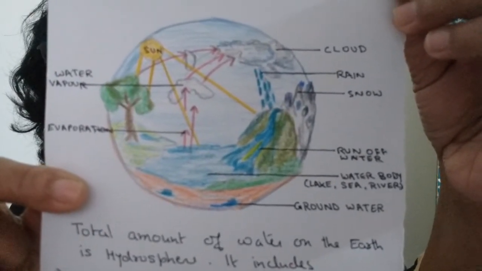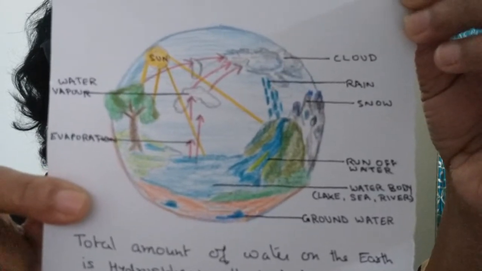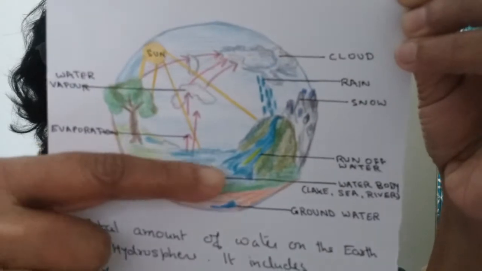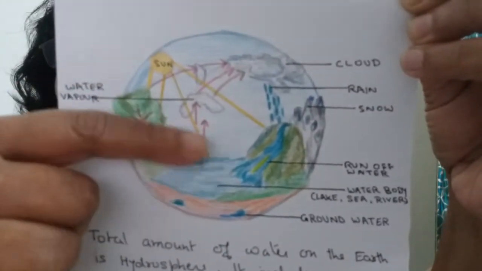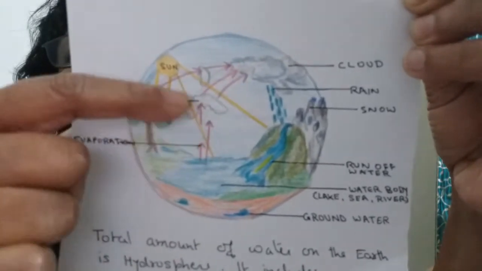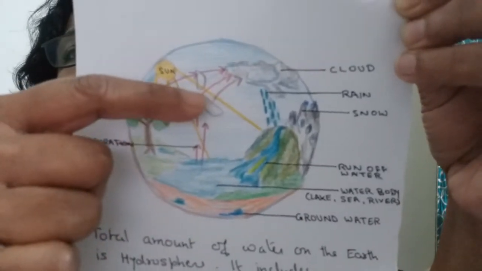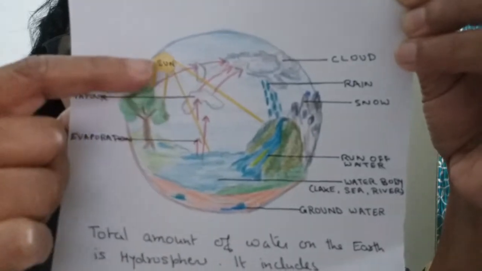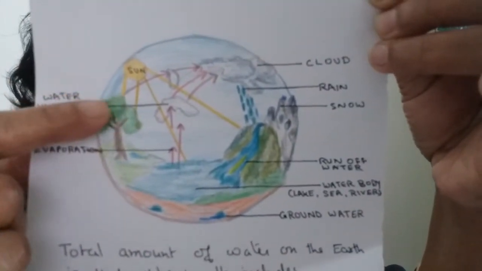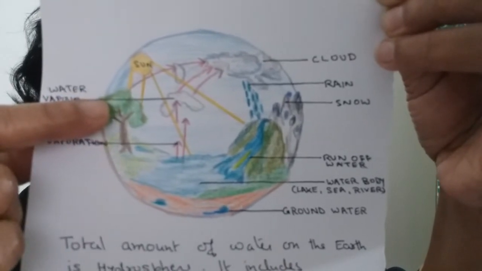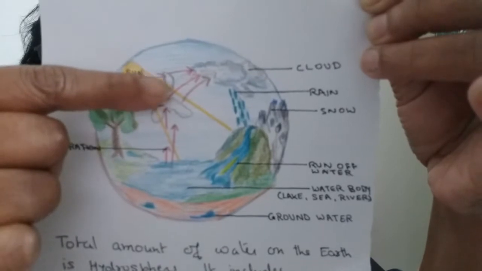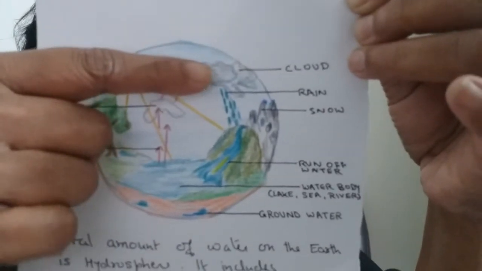Now, when the sun is high in the sky and it's a warm day, what happens? The water in the water bodies evaporates and it rises up as water vapor and it gets condensed. So condensation takes place when it rises up and it leads to the formation of clouds. Similarly, the plants also transpire. As a result of transpiration, water vapor is produced which condenses to form the clouds.